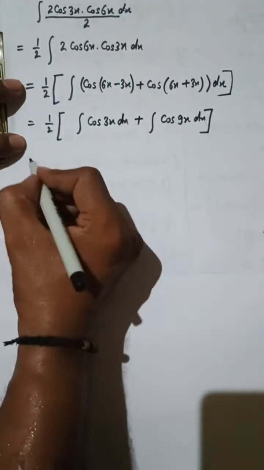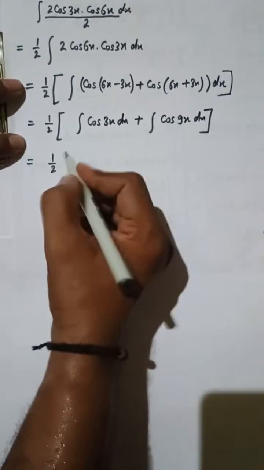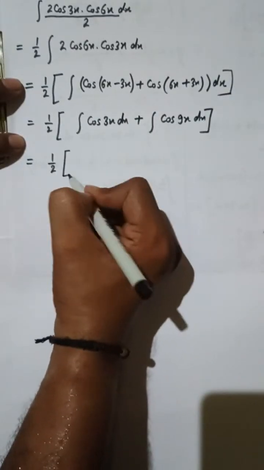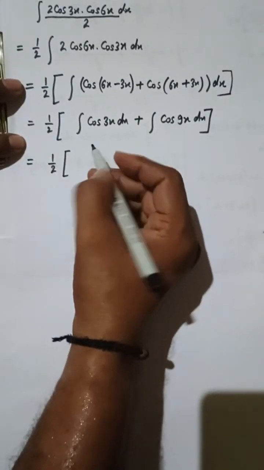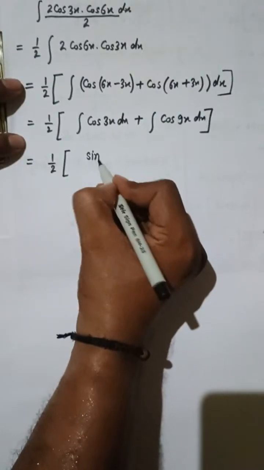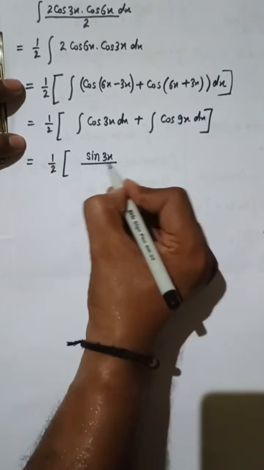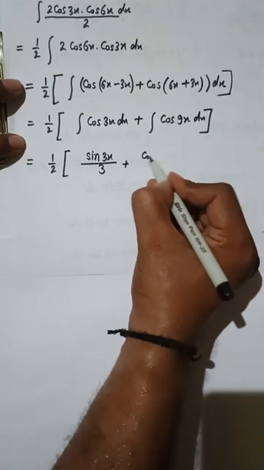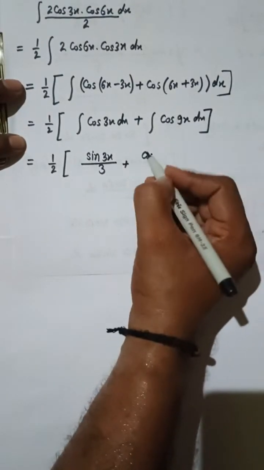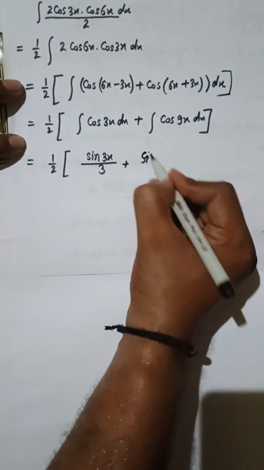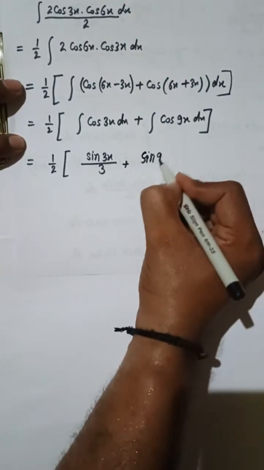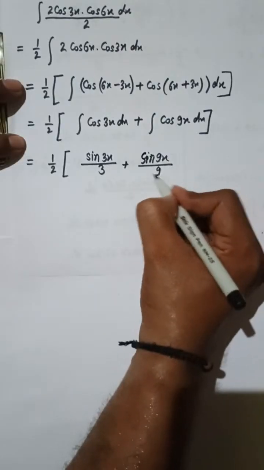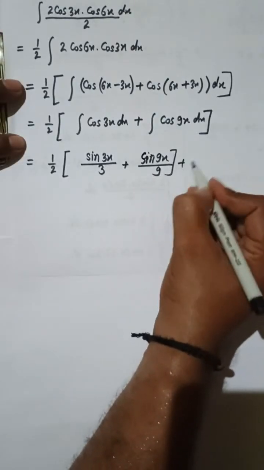Okay, here we have 1 by 2 and integration cos 3x is what? Sine 3x by 3, plus integration cos 9x is what? Sine 9x by 9 plus c.